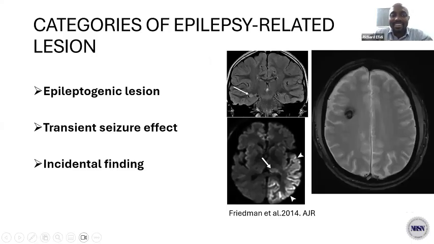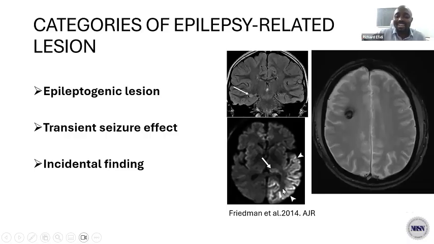Now, there are three categories of epilepsy-related lesions. There are the epileptogenic lesions themselves, which have the potential for causing focal epilepsy, and they are in fact responsible for the cause of the focal epilepsy in the given patient. There's also the seizure effect, which is usually transient and usually occurs during a seizure episode or immediately after, like in this case of restricted diffusion on DWI.